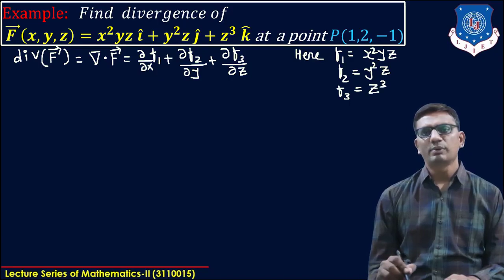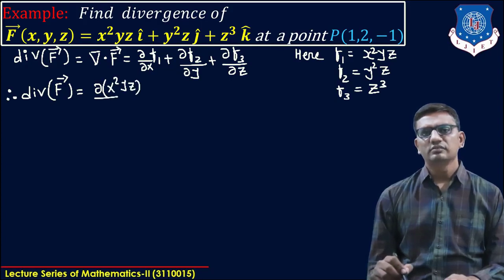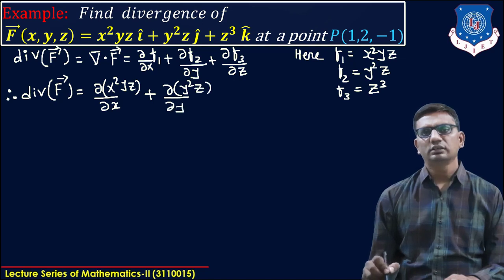Now we will find the partial derivative of f1 with respect to x, f2 with respect to y, and f3 with respect to z. So therefore divergence of f bar is equal to partial derivative of x square yz with respect to x plus partial derivative of y square z with respect to y plus partial derivative of the last component z cube with respect to z.